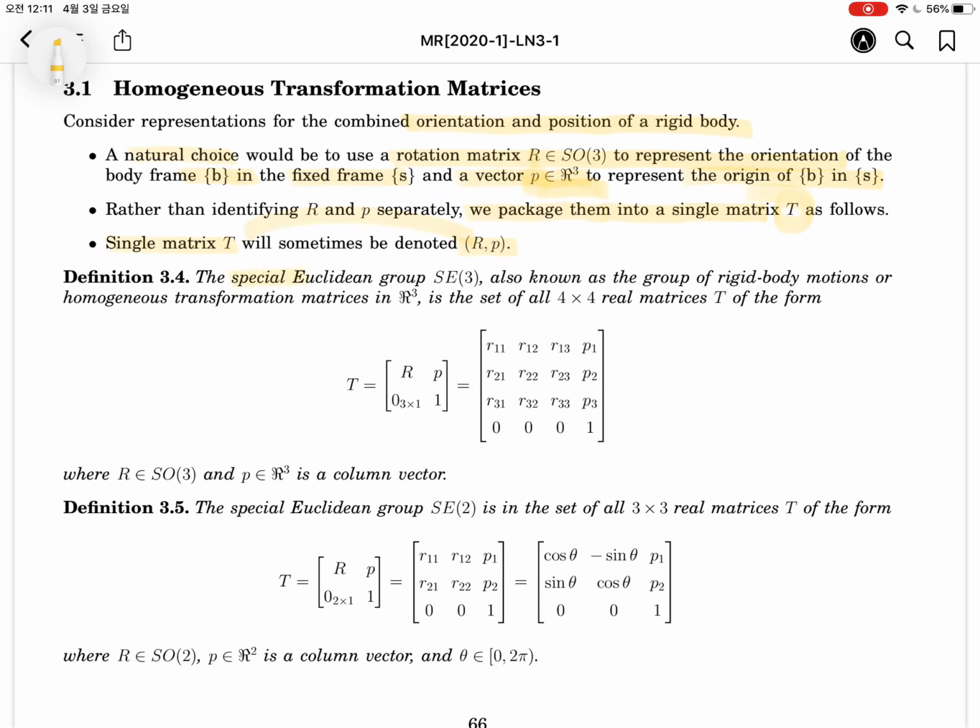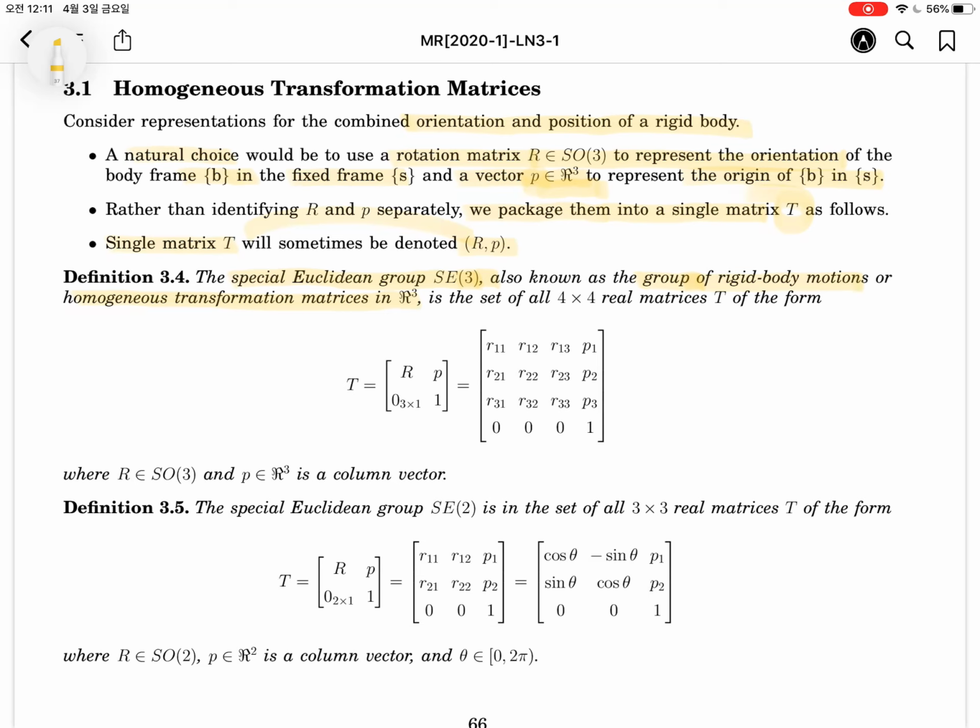The special Euclidean group, denoted by SE3, is the mathematical group of rigid body motion, or homogeneous transformation, in R3. SE3 uses 16 elements because it has a 4x4 matrix.